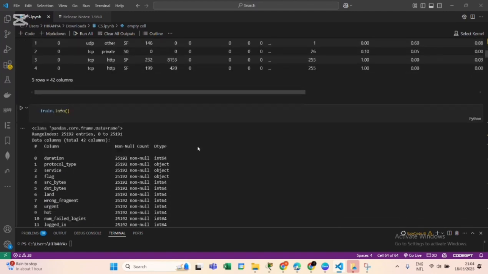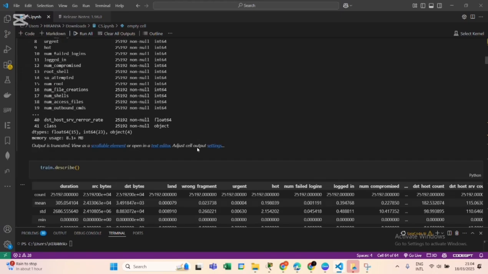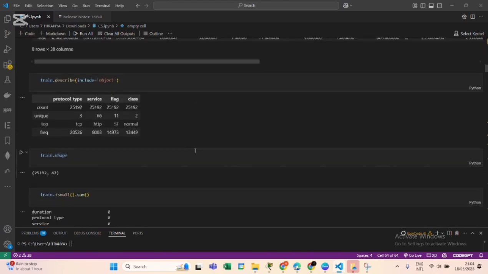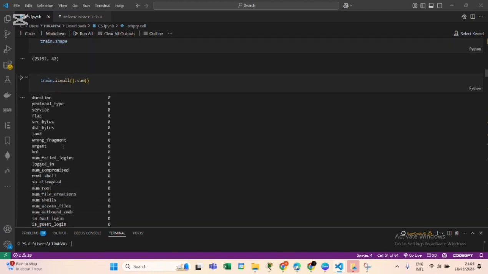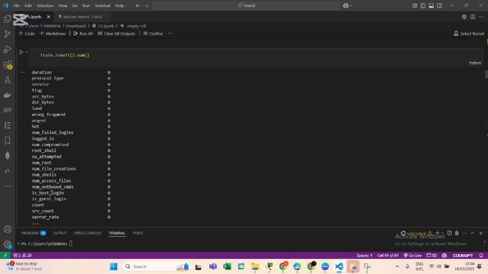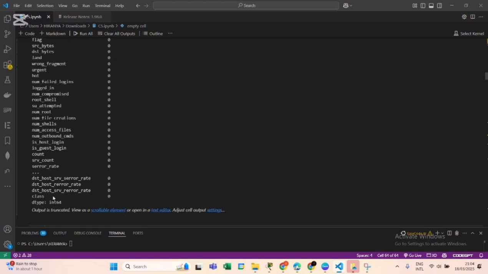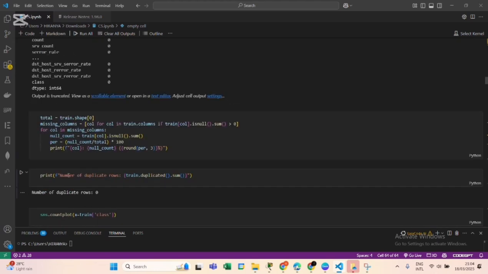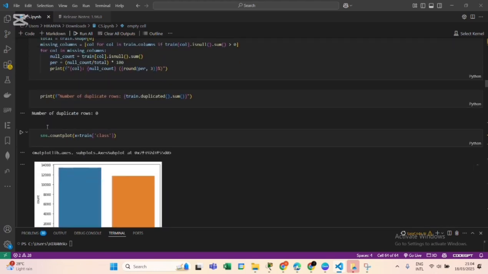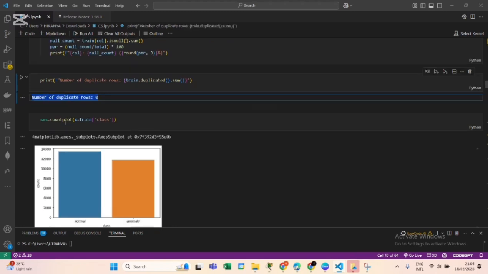When it comes to training the model, I separated the features X and the target Y. The features X are all the columns except class, and the target is the class column, which will be used to train the model.